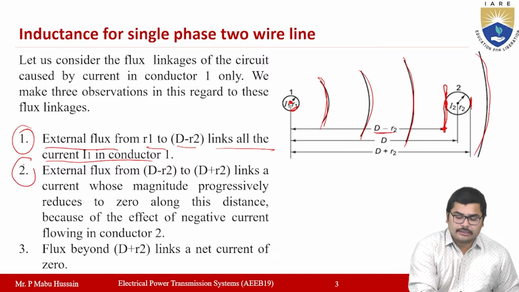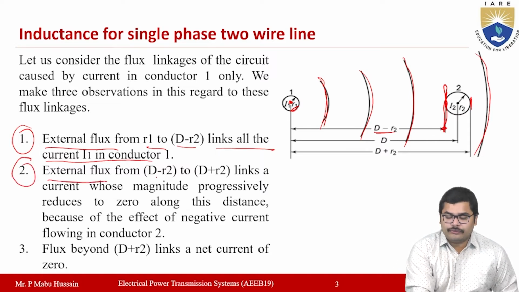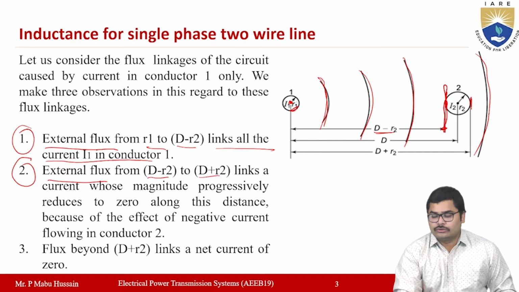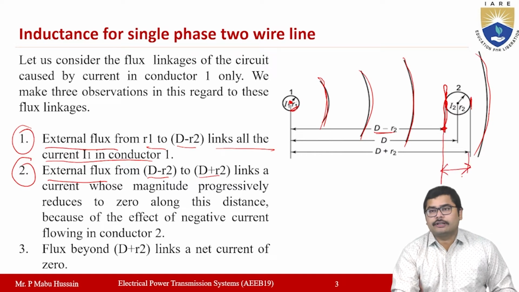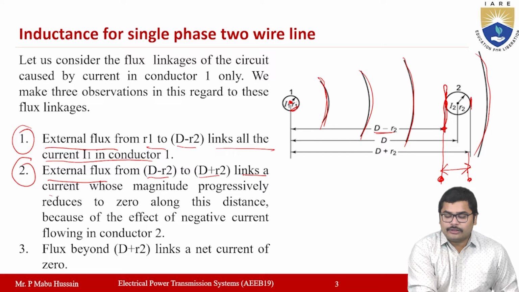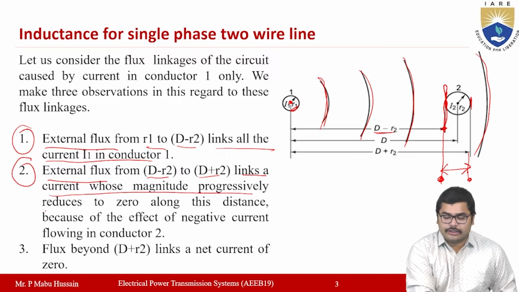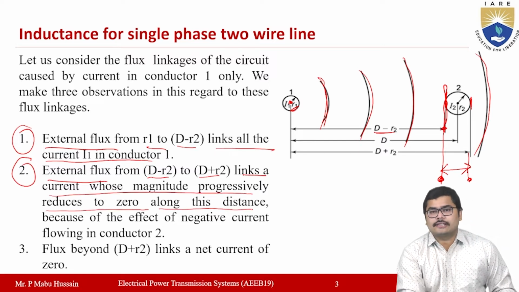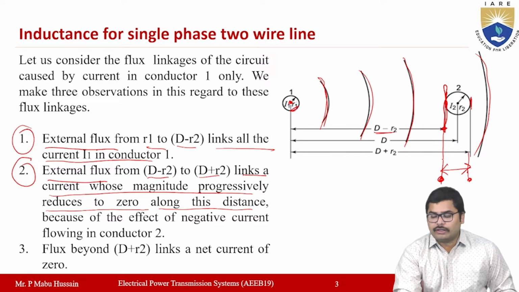And the second observation is the external flux from D minus R2 to D plus R2, from here to here. This external flux links a current whose magnitude progressively reduces to 0 along this distance, as you move from D minus R2 to D plus R2.